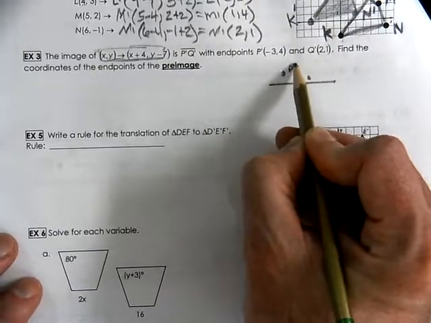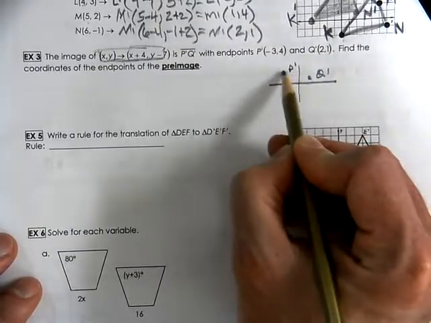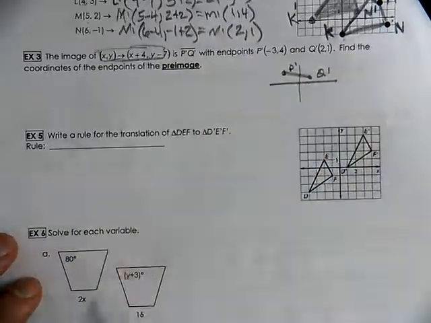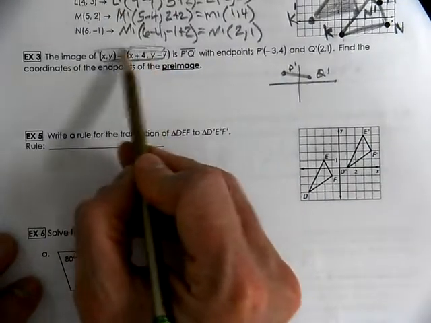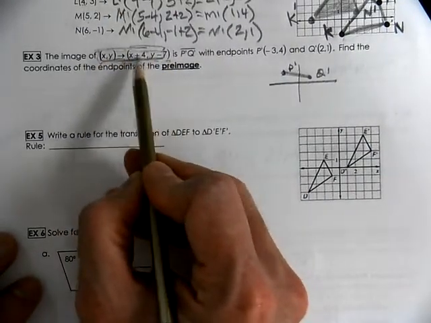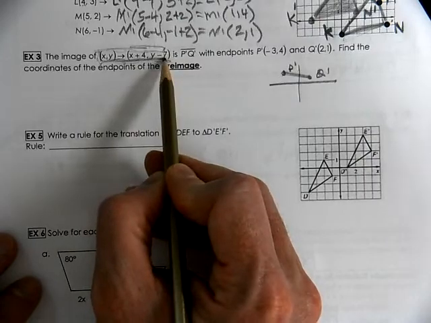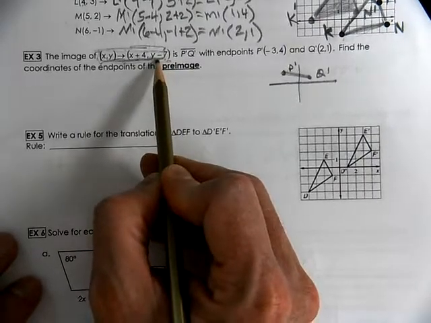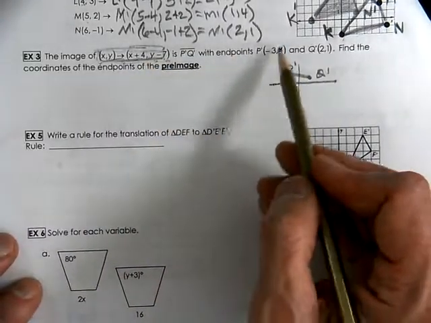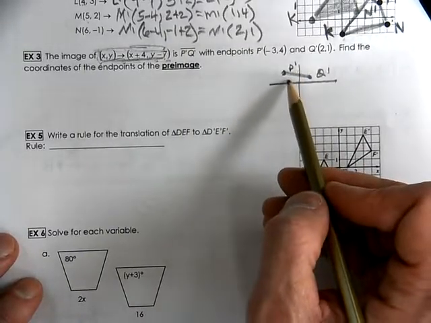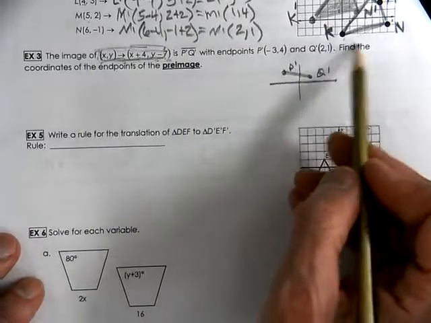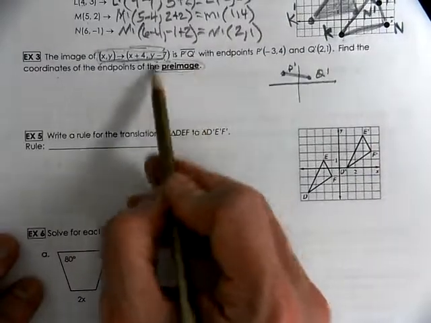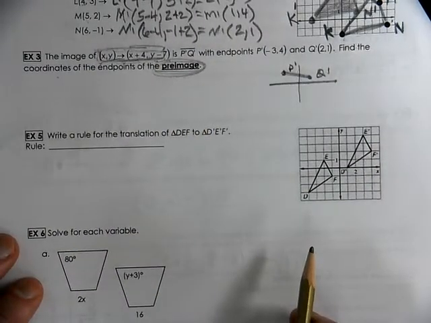That's P prime, Q prime. We applied this rule right here, 4 to the right and 7 down. We applied this rule to some points that produced this location. Where did we come from? Find the coordinates of the pre-image.